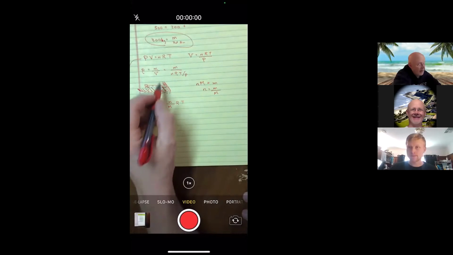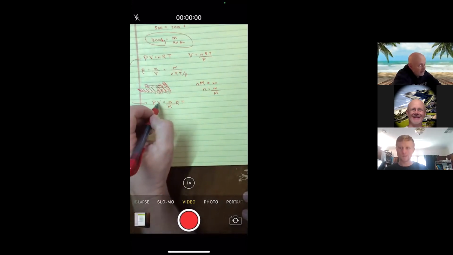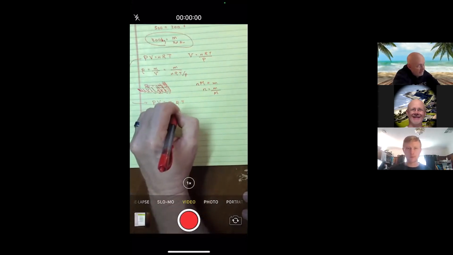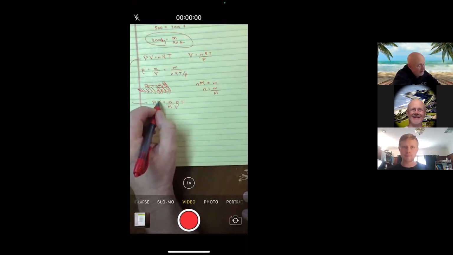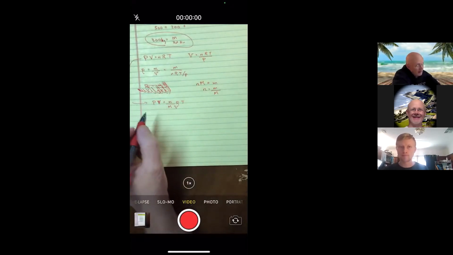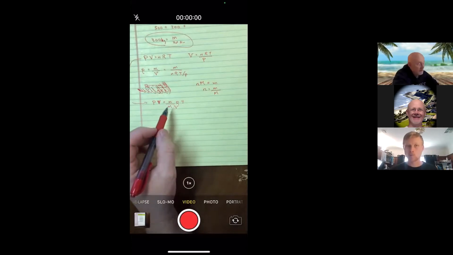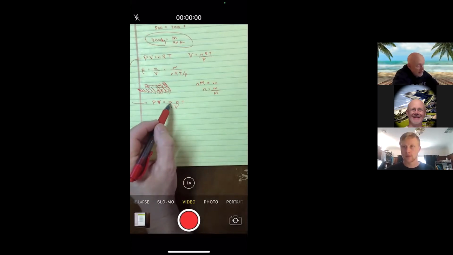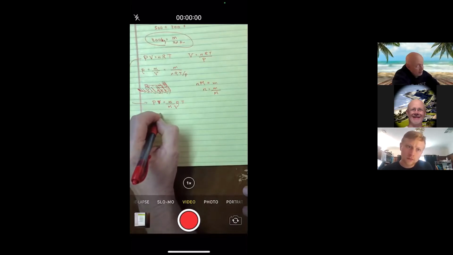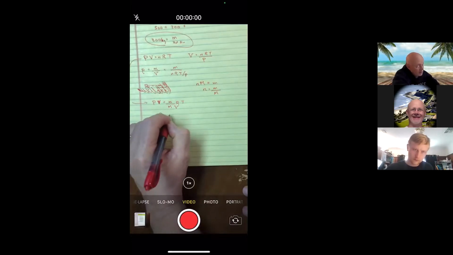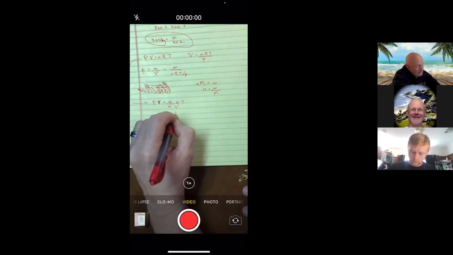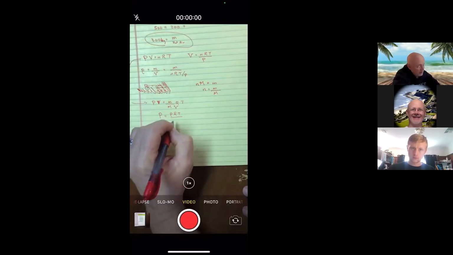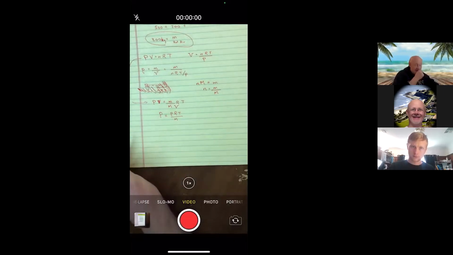Now I kind of want to do what I started to do up here. Let me divide by volume. We'll get rid of it on this side. And see, I would now have the mass per volume, and that's density. So I have pressure equals density times this R times the temperature over the molar mass.